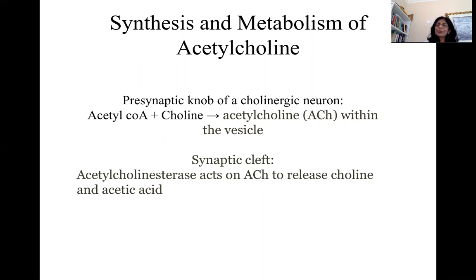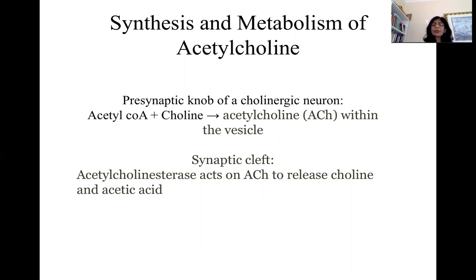Whenever there is an action potential and the release of calcium occurs at the axon terminal, then the vesicle is moved from its original location to the cell membrane location. So here, the membranes of the vesicle as well as the cell membrane come together and create an opening, and that is how acetylcholine is released.